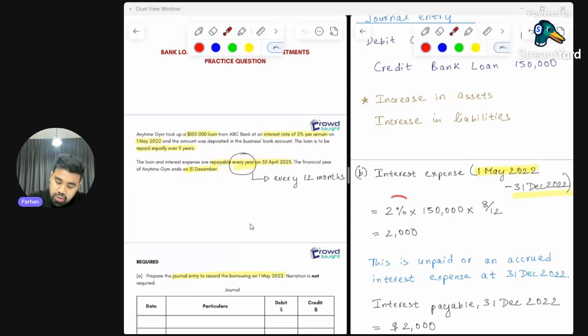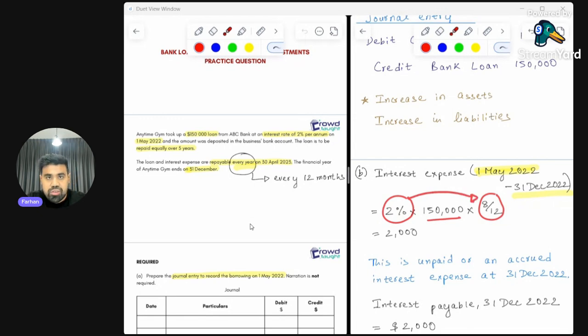We have the rate of 2%, which is an annualized rate, as the question clearly specifies, interest rate of 2% per annum, multiplied by the loan amount of $150,000. Then we multiply with 8 over 12, which basically adjusts this 2% annual rate into an 8-month rate.